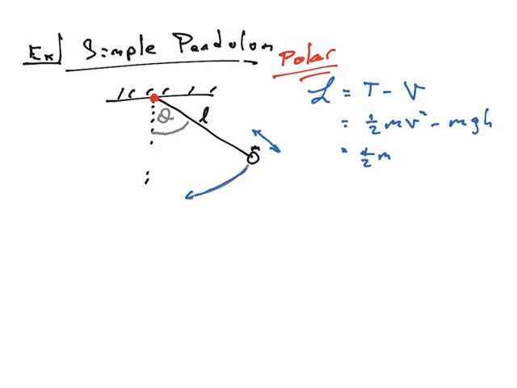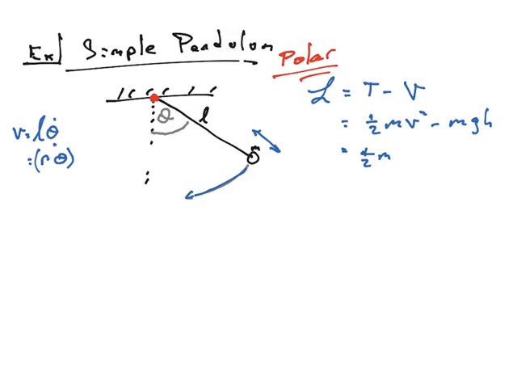And if you remember, in centripetal motion, in rotational motion, the velocity is defined as v equals L times theta dot, or the distance times the time derivative of the angular displacement.